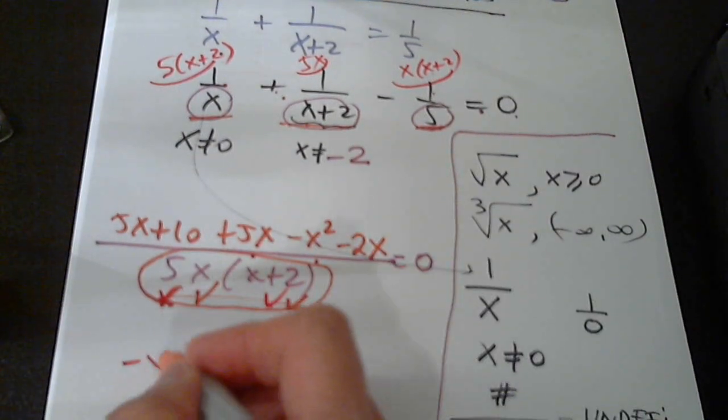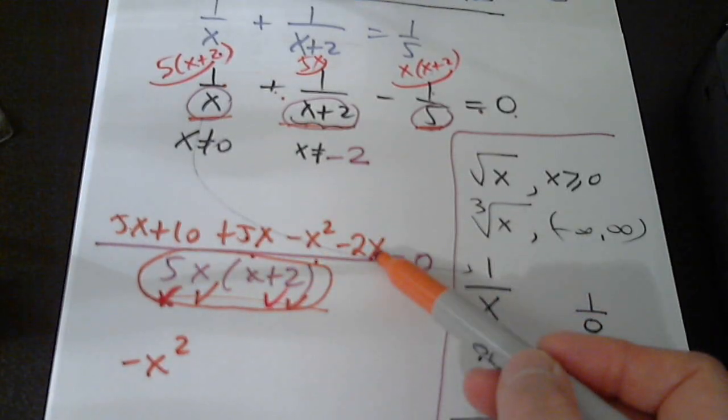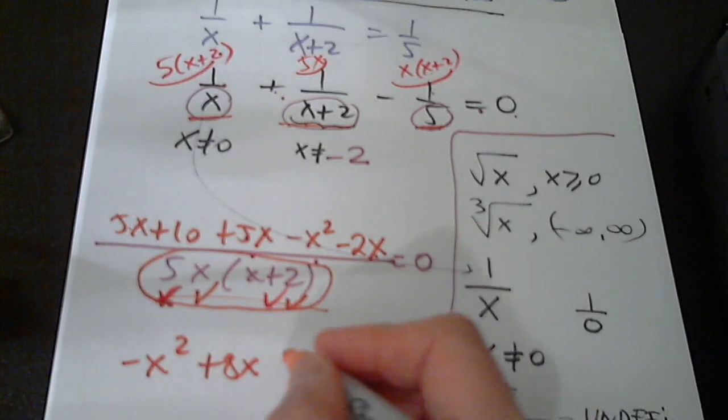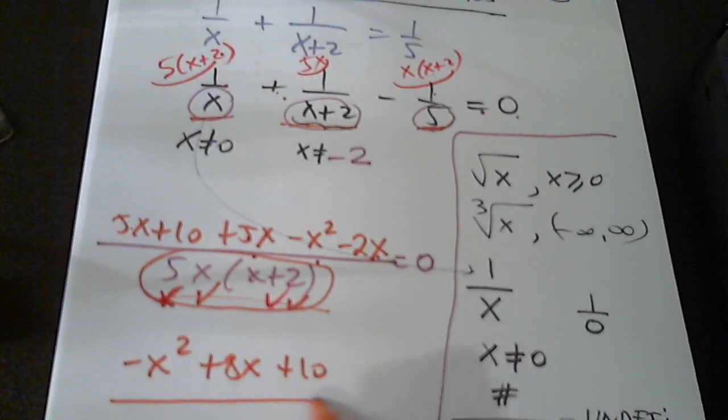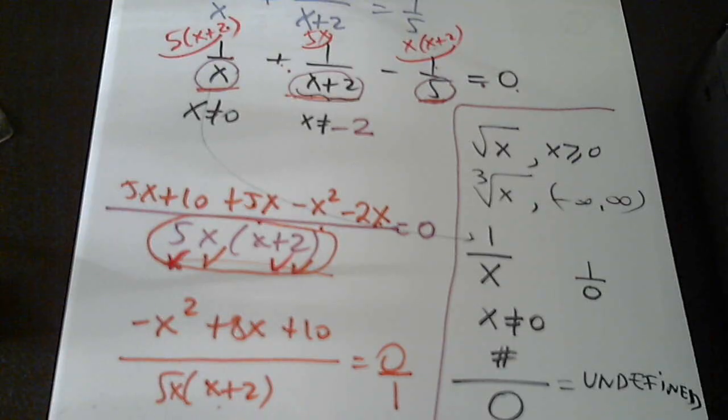I start with negative x squared. Then I have positive 10x minus 2x, which is positive 8x, and plus 10, divided by 5x, x plus 2 equals 0, or 0 over 1 is the same thing. Okay, now what?